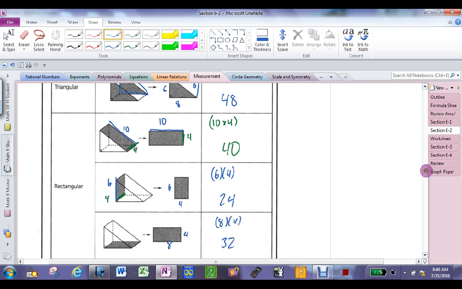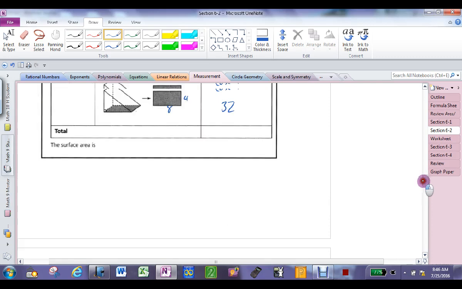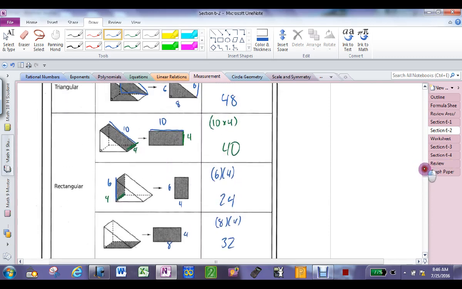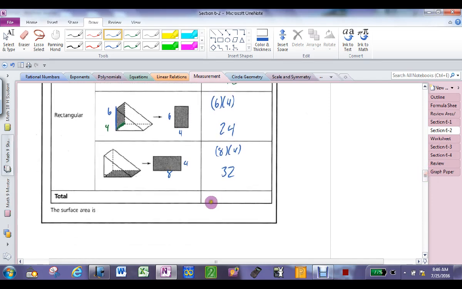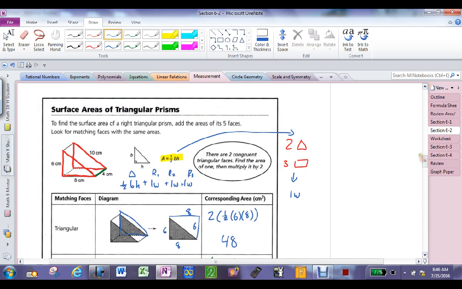And then what are you going to do with all those numbers? Add them up to get what? 144. 144 what? Centimeters squared.